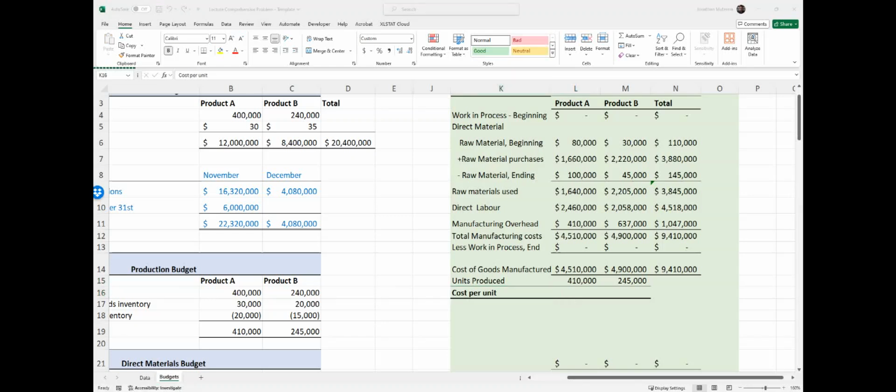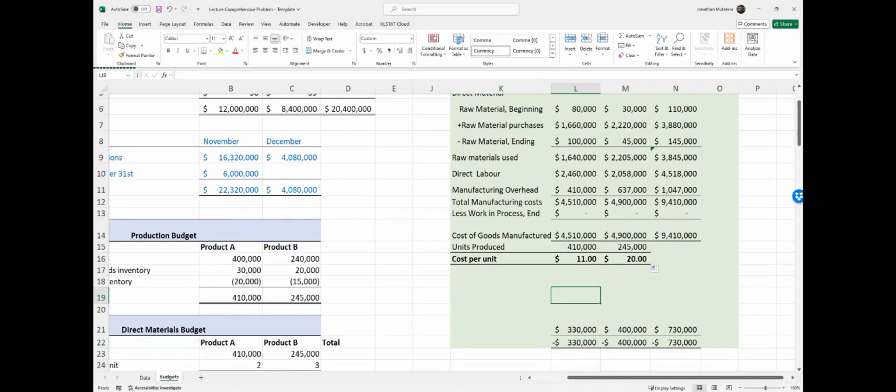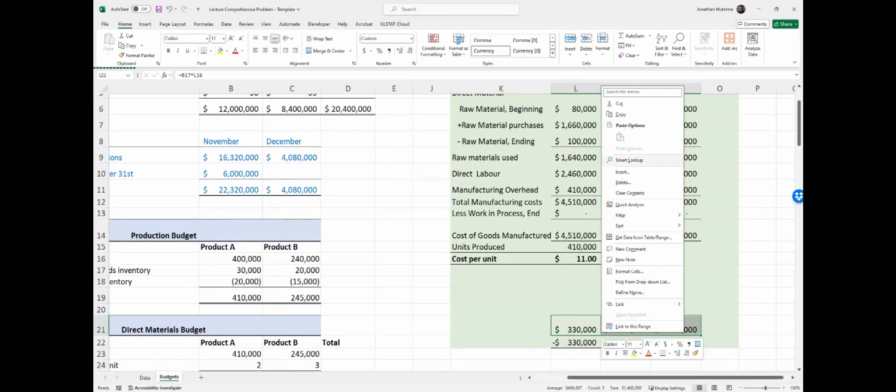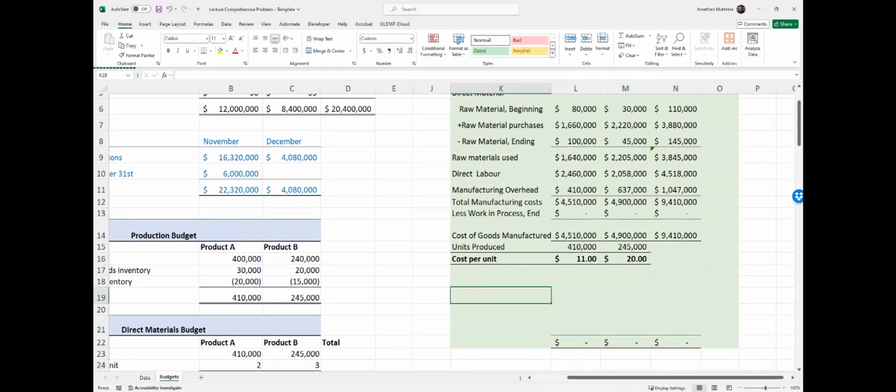So for cost per unit, it's going to be divided by that. So $11 per unit, and then $20 for that. Let me clear that so that I can finish it up.